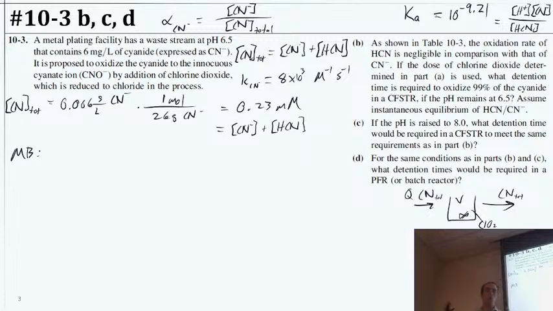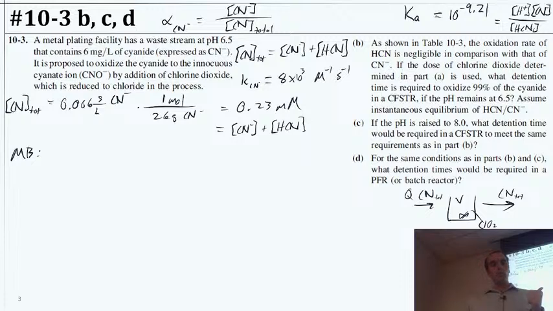So we know that what's in the reactor is, according to the problem, the 99% removal, we need the concentration in there to be 1% of what came in from the influent. Likewise, we need the chlorine dioxide to be pretty close to that residual that we were targeting, that 1 milligram per liter.